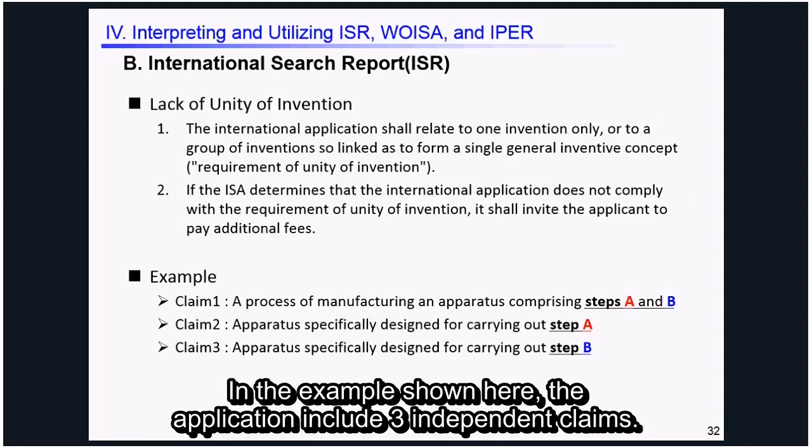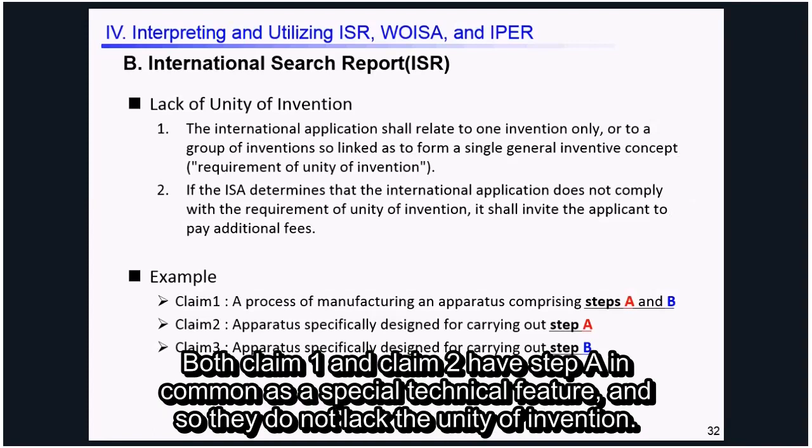In the example shown here, the application includes 3 independent claims. Both Claim 1 and Claim 2 have Step A in common as a special technical feature, and so they do not lack unity of invention.